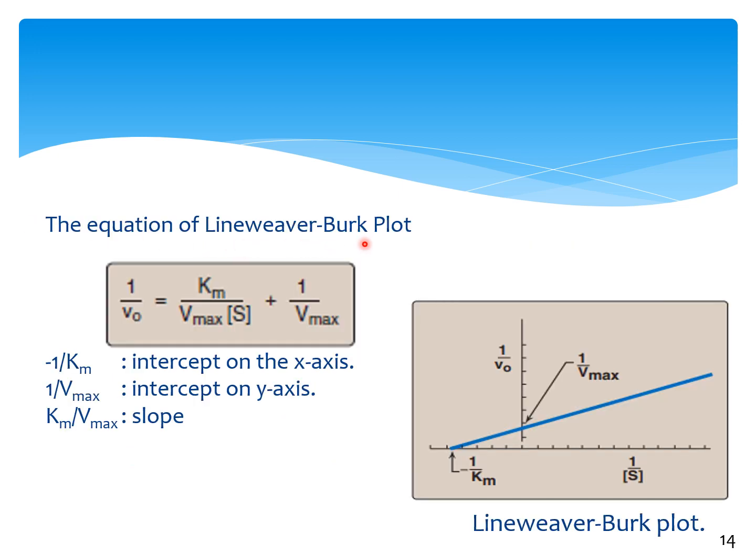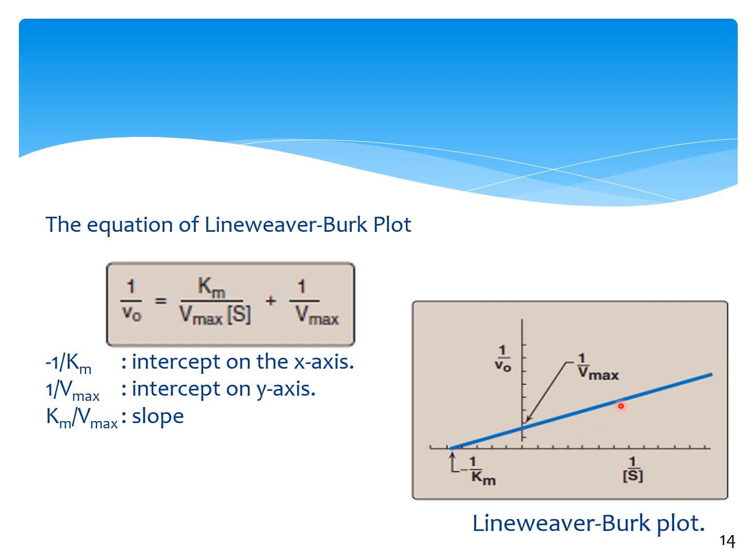Lineweaver and Burk studied the Michaelis-Menten model of enzyme kinetics, and they developed another equation and plot by taking the reciprocal quantities, the velocity in its reciprocated term and substrate concentration on the x-axis in its reciprocated term, which resulted in a straight line.